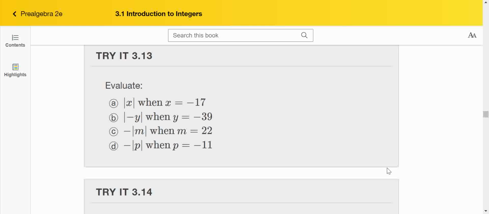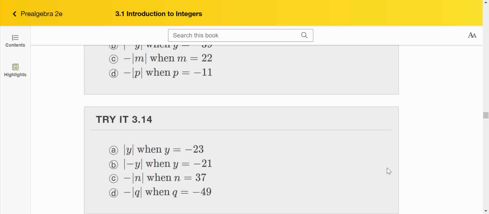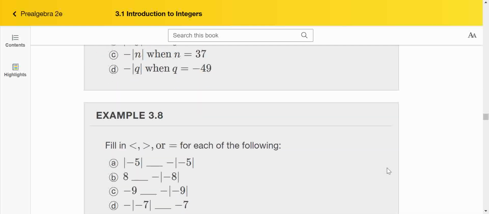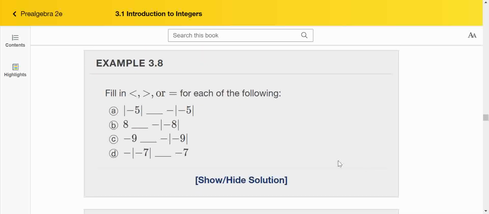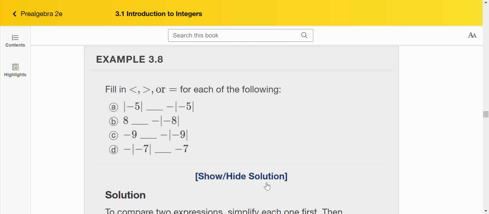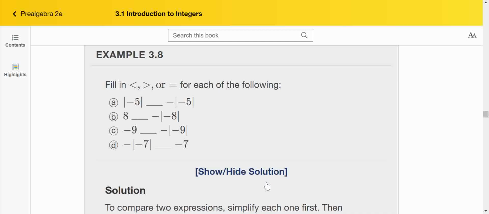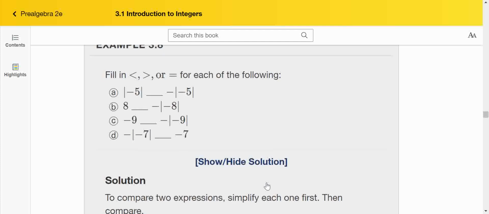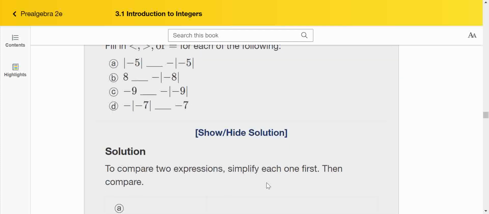We have some try it problems, and another set of examples. Fill in less than, greater than, or equal for each of the following. Okay.